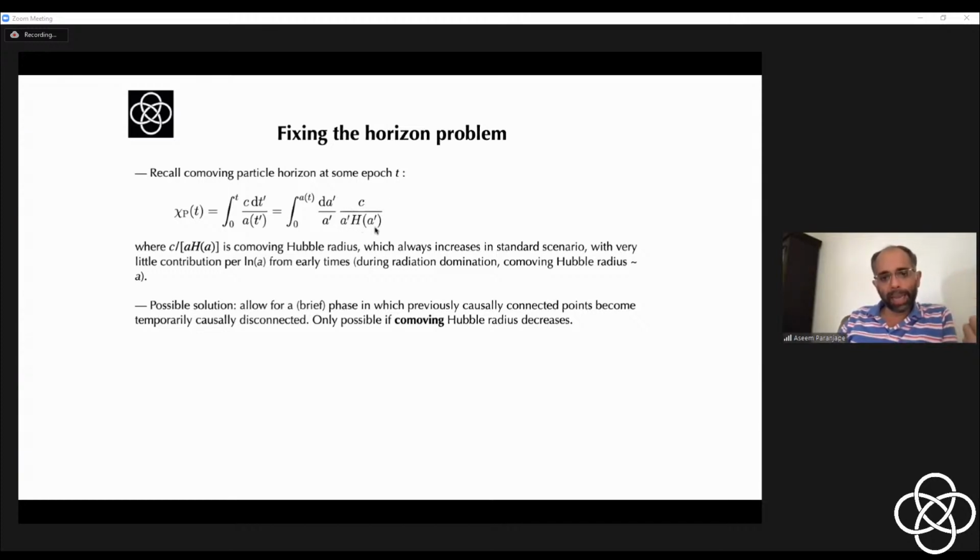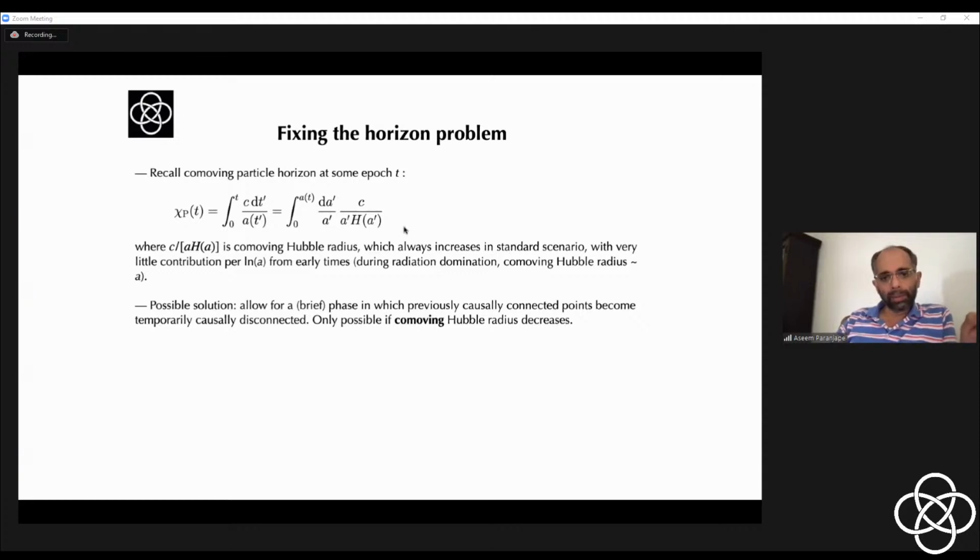So C by AH, basically if I take any proper distance and I divide it by 1 power of the scale factor, I will get a co-moving distance, right? So C by AH is the co-moving Hubble radius. In a standard cosmology, for example, in the radiation dominated cosmology, this quantity C by AH always increases with time. This is its mathematical structure. For example, during radiation domination, it behaves proportionally to the scale factor.